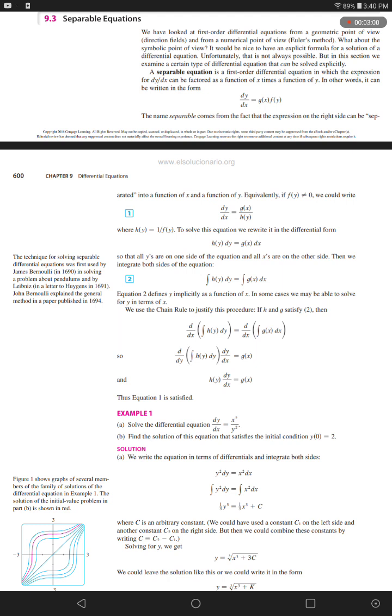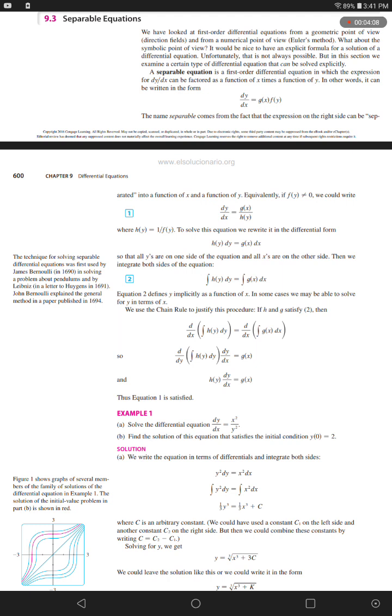If h and g satisfy 2, then d/dx of the integral of h(y) dy equals d/dx of the integral of g(x) dx. So d/dy of the integral of h(y) dy times dy/dx equals g(x), and h(y) times dy/dx equals g(x). Thus equation 1 is satisfied.